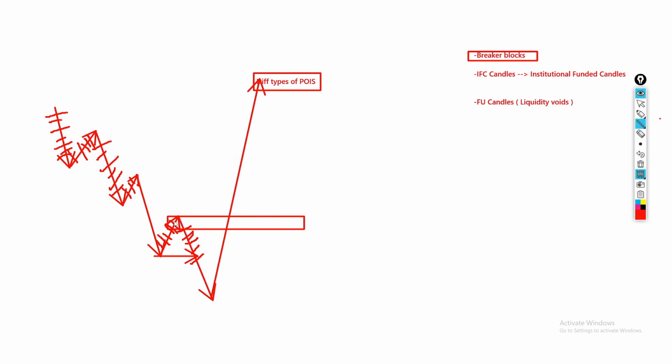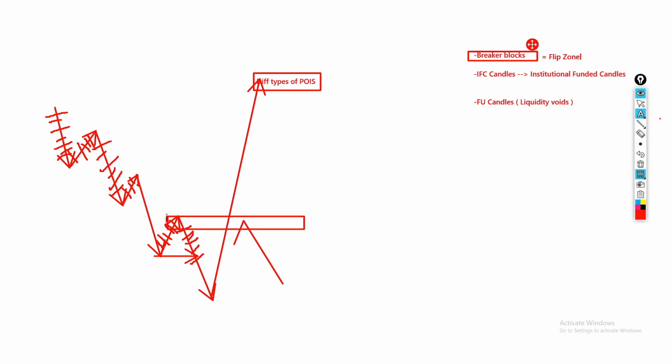Your previous bearish order block that should have stopped price from continuing up becomes your breaker block, also known as flip zone. So let's say something like this equals flip zone. So your previous bearish order block becomes your breaker.